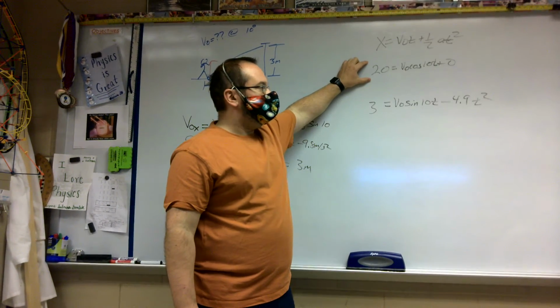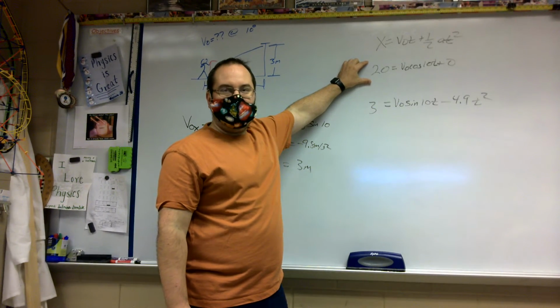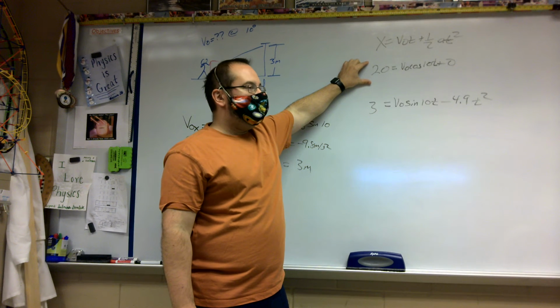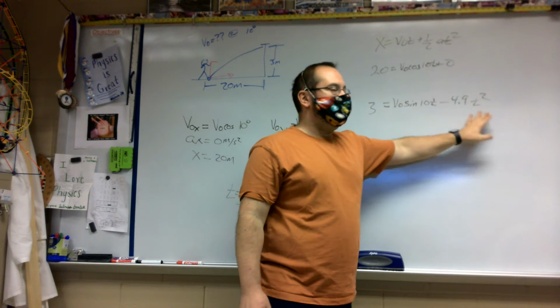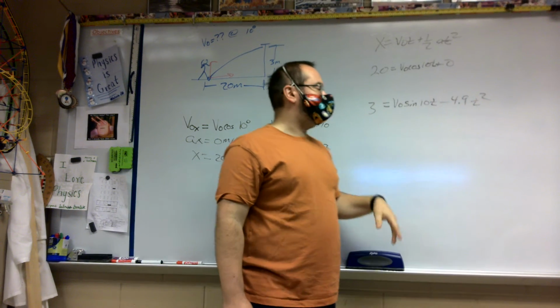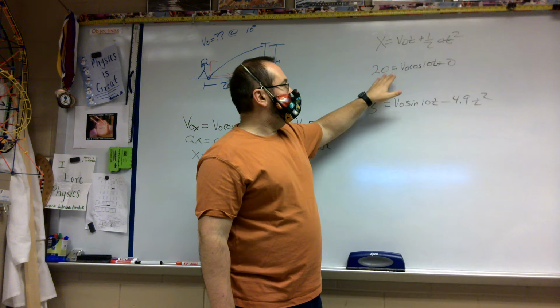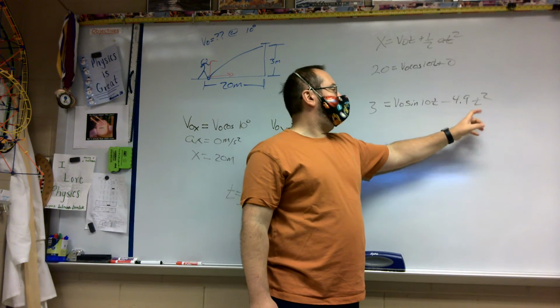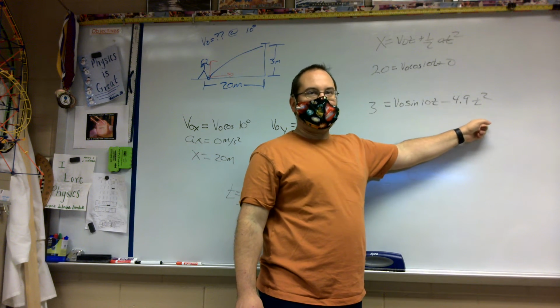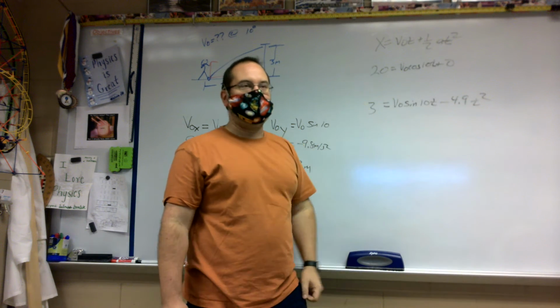I'd solve for v initial or t. It really doesn't matter. If you solve for v initial, you will have some things cancel out, and you'll have a t and a t squared. If you solve for t and substitute it in, you have some other things cancel out, but then you'll have a v initial in the denominator, you'll have v initial squared, and you'll have to multiply both sides by v initial squared.